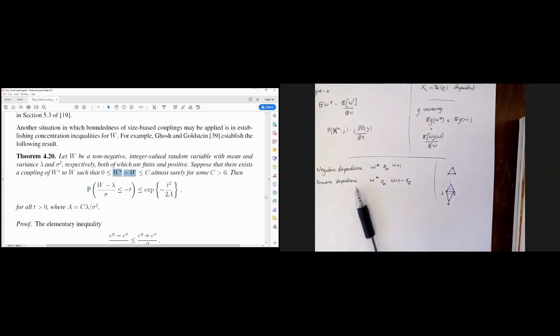So boundedness is really the extra assumption that we're making here. I can always construct these to be non-negative, but I can't necessarily construct them to be bounded.